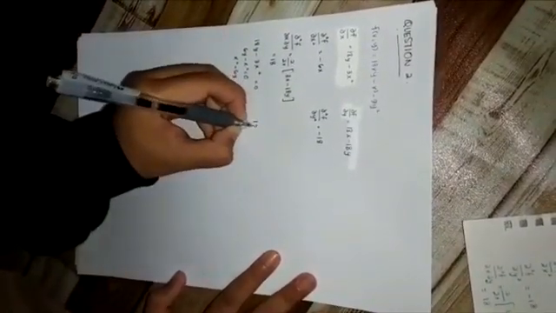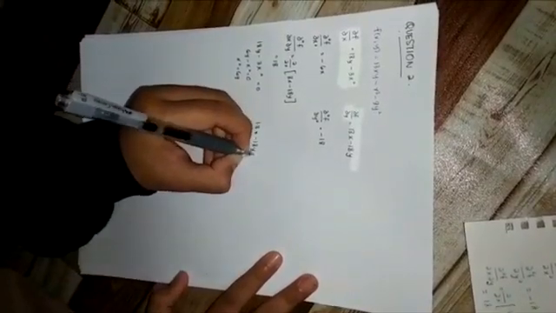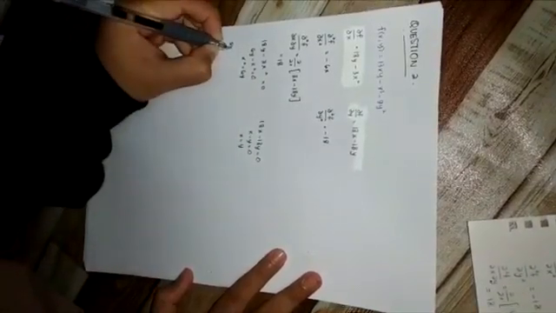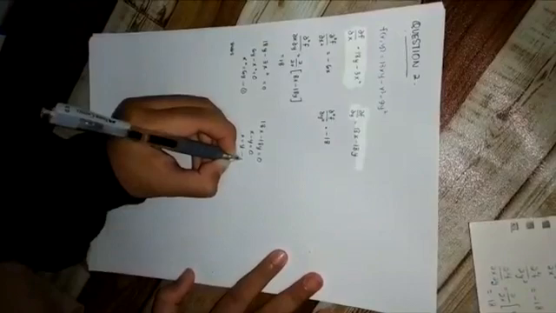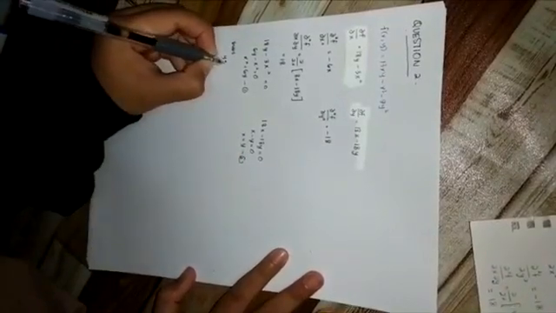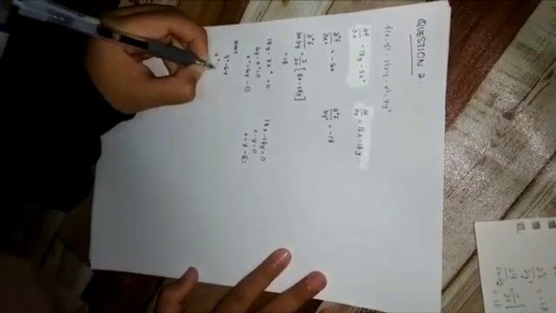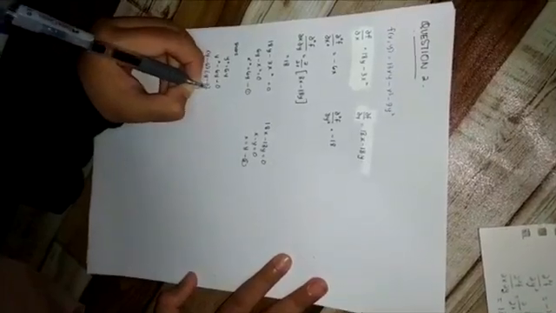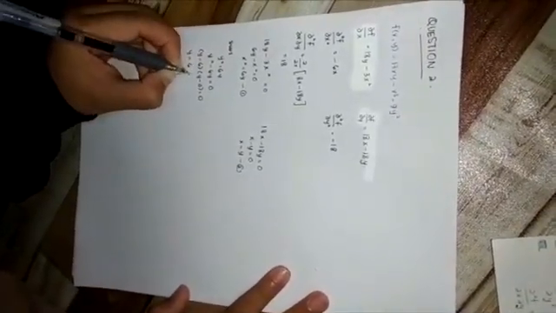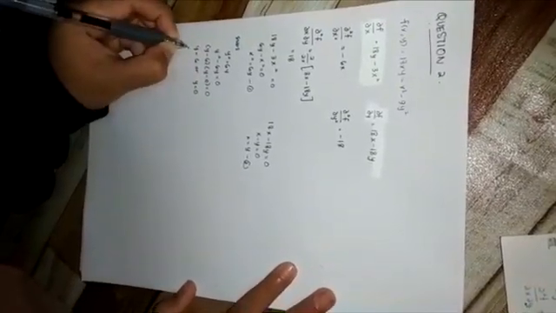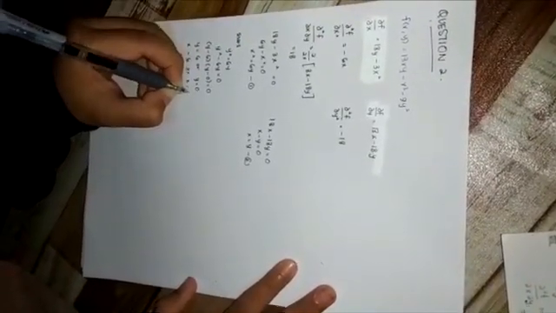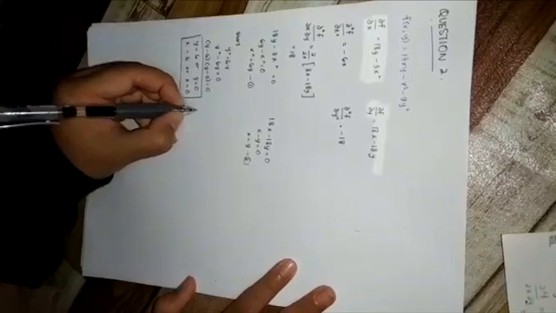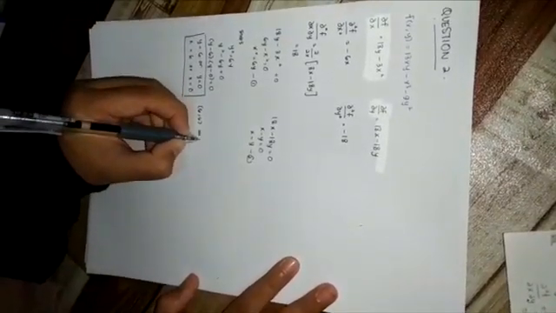Find x and y. The coordinates are (6, 6) and (0, 0).